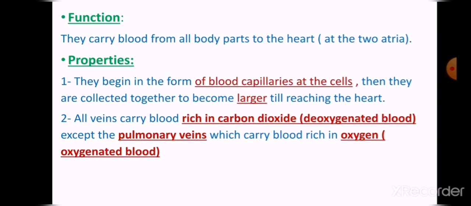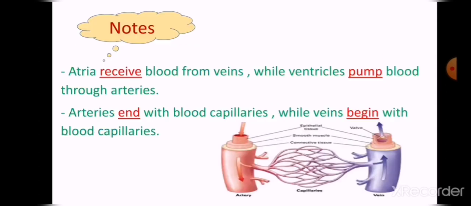So the blood here is called oxygenated blood. You have to know these notes: the atrium receives the blood from veins. Veins transport the blood from the cells to the heart. So the atrium receives the blood from veins, but ventricles pump the blood through the arteries.